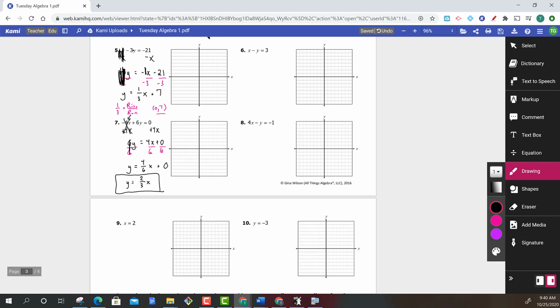So that's the equation in slope-intercept form, which means we're starting at 0, 0, and then our slope is 2 over 3, or in other words, up 2, right 3.